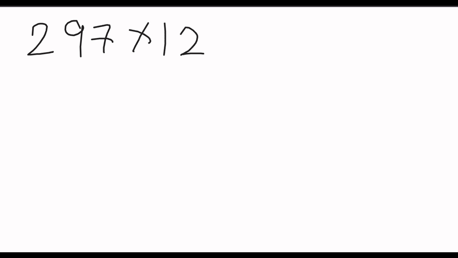Alright, so the next number that we are going to see is 297 into 12, right? So I'm trying to solve this mentally. You guys can also work with me, try to solve it mentally. Even if you're not able to solve this mentally, it's totally fine. You can use a pen and paper as of now.